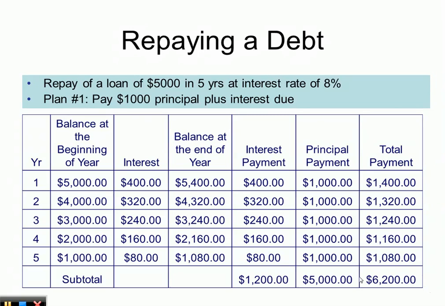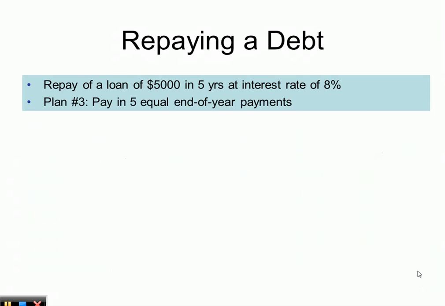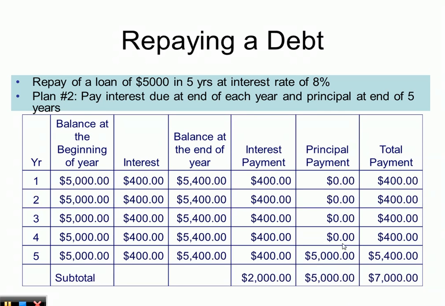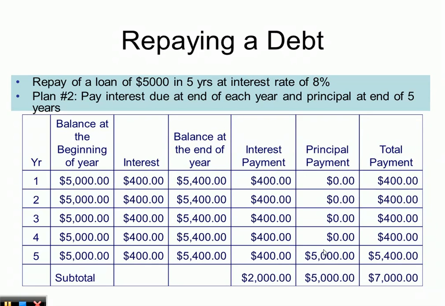However, they're all basically equivalent. They're just different ways to use the money, but in terms of the total payment, that would be the smartest way to go. However, we are not taking into account the time value of money in this case. If we're paying the interest and the principal in the first plan, we pay a large amount towards the principal every time. We are not using it for something else.